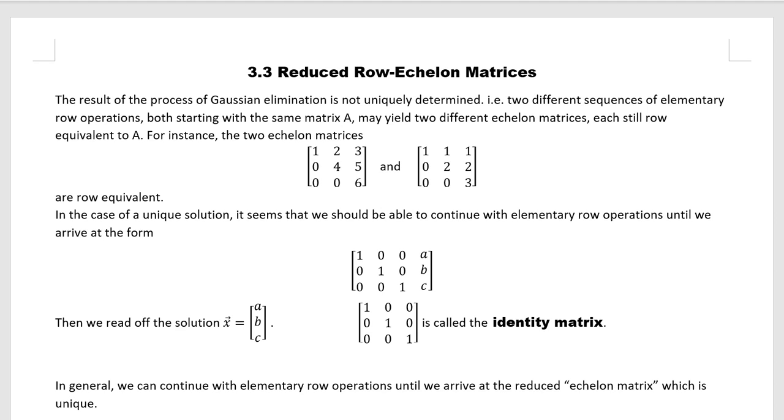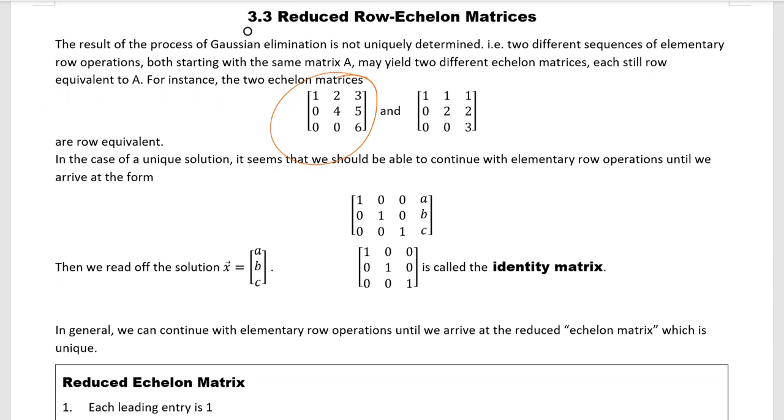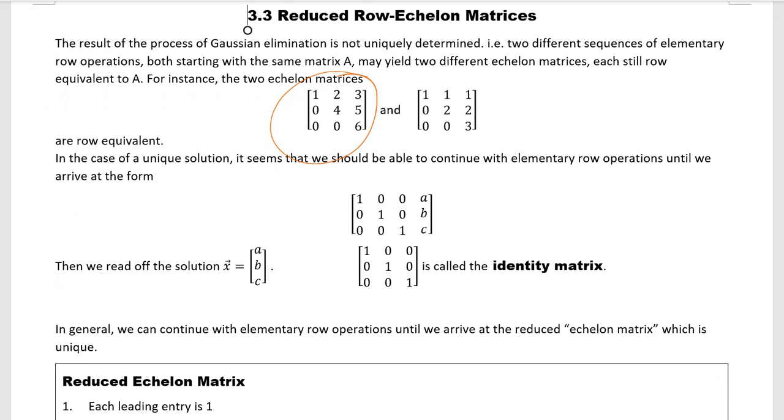For example, these two echelon matrices are row equivalent. Okay? In the case of a unique solution, it seems that we should be able to continue with elementary row operations until we arrive at this form. And then we can read off the solutions.